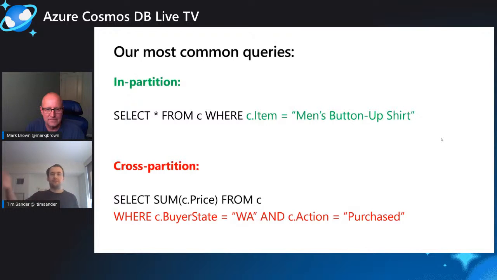If you remember our call from 2 weeks ago where we walked through cross-partition and in-partition queries, you always want queries, if possible, to be in-partition, especially if they're queries that you run quite a bit. So that first query, the green part, is in-partition. That second one, obviously, doesn't have a filter on item. We filter on buyer state and the aggregation. So this query is cross-partition. We need to go to every single partition and execute the query.